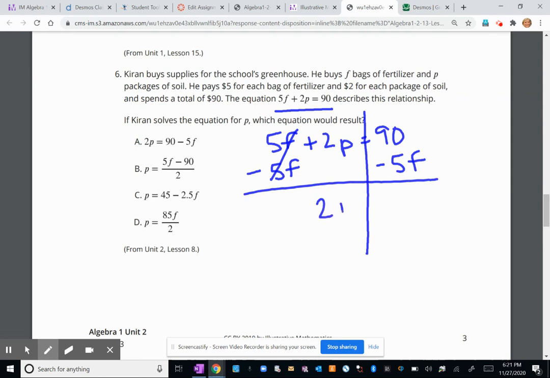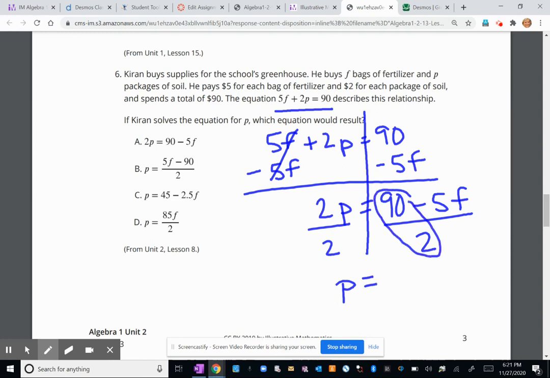So 2P equals 90 minus 5F. And the next step then is to divide by the 2. And remember, when you divide by 2 on the right side, you're dividing the 90 by 2, which is 45, and then minus the 5F divided by 2 is 2.5F. So it looks like that is answer choice C.